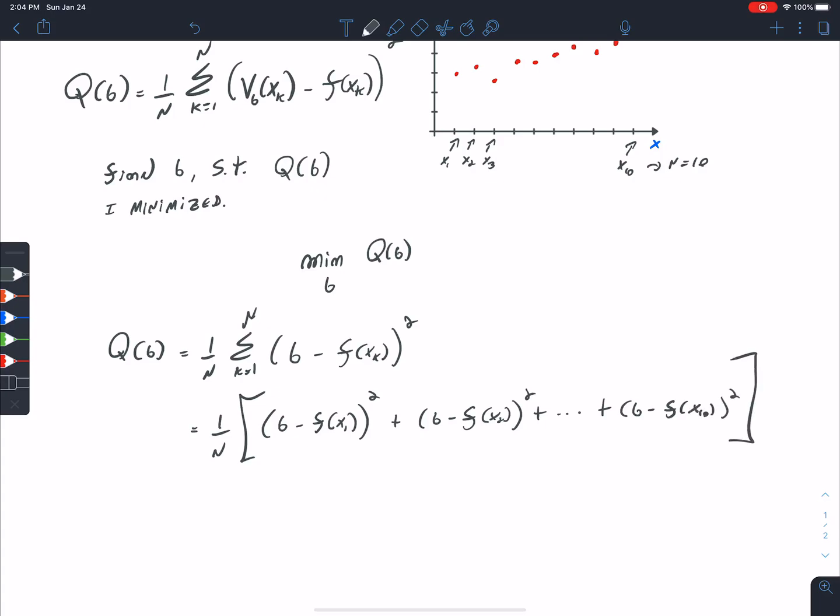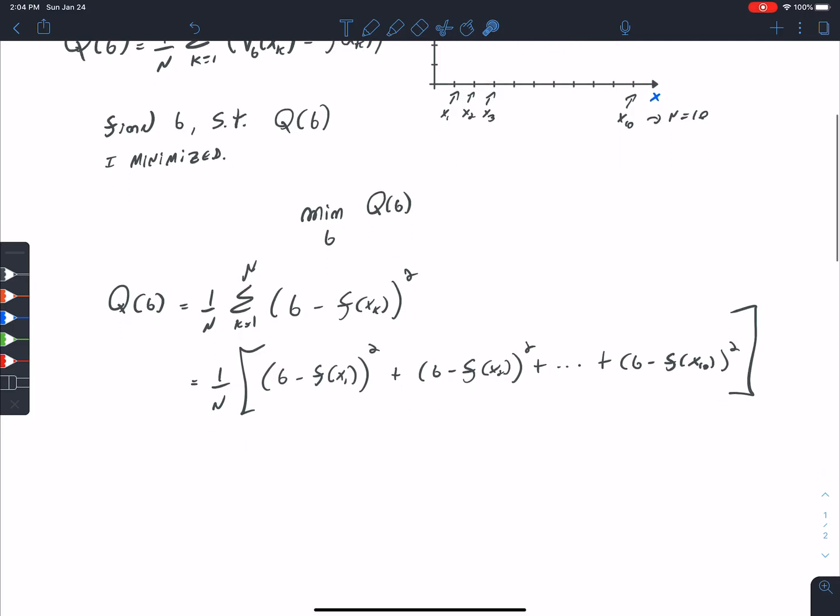So you can see once you expand this out, we have just a sum of these squared terms, and each term looks pretty simple, right? And this here is the real meaning. This is just an abbreviation of what's going on. So now we have just a function which we call q of b.